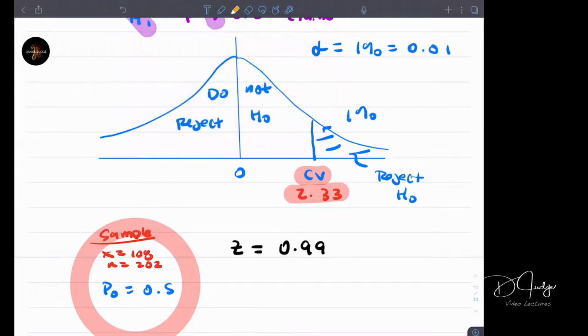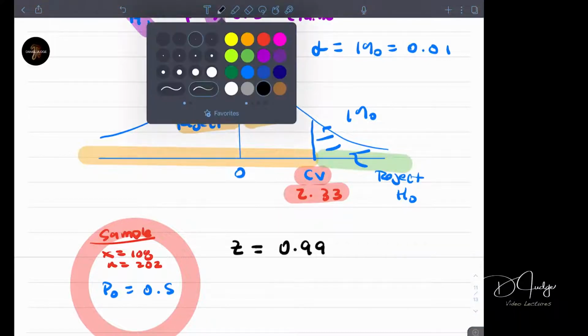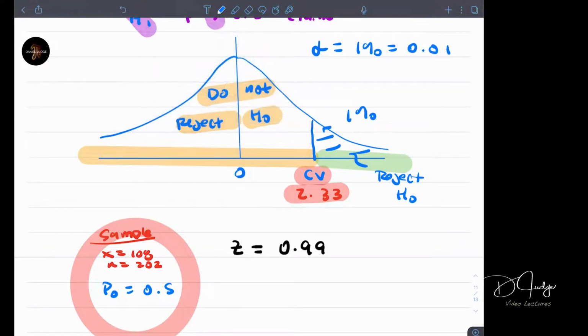Alrighty. Any test statistic to the left of this value, you do not reject the null. Any test statistic to the right, you reject the null. And we forgot to put the statement, so we're going to put it now. Oh, we did put it. It's down here.